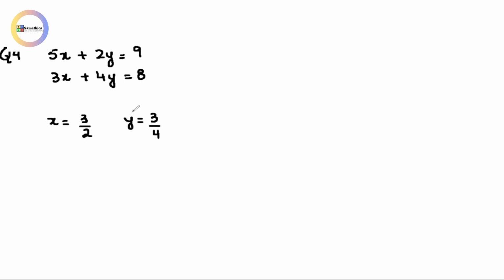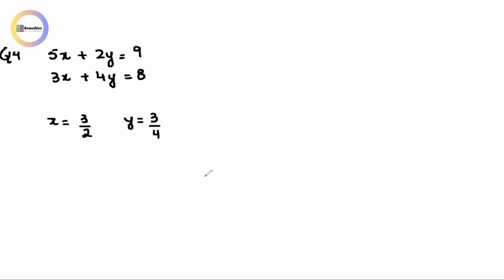Now from question number 1 till 3, it was written solve the simultaneous equations. Whenever it is written solve the simultaneous equations, you have to make y the subject or x the subject and then equate those two.